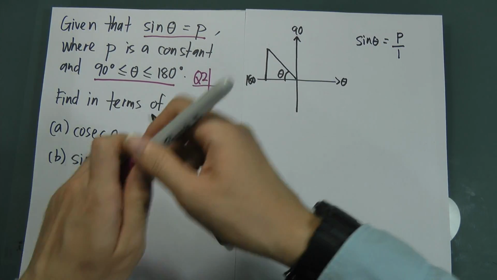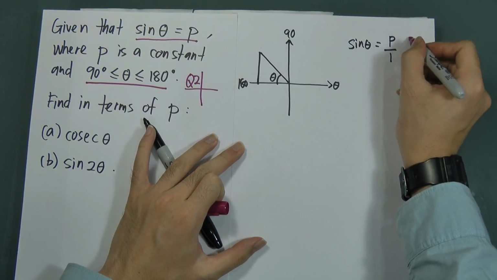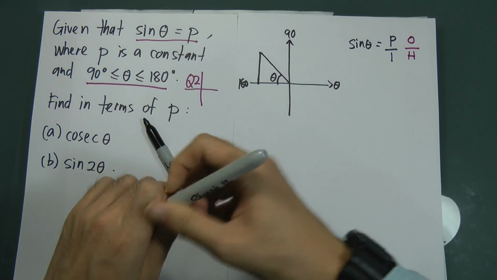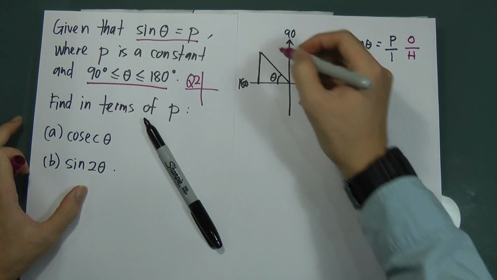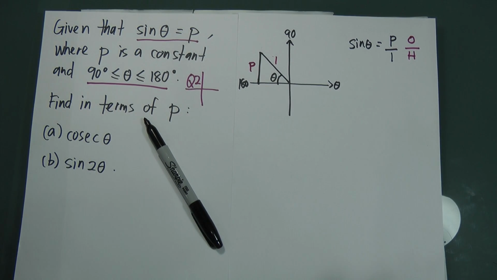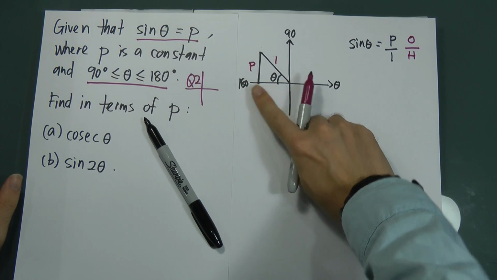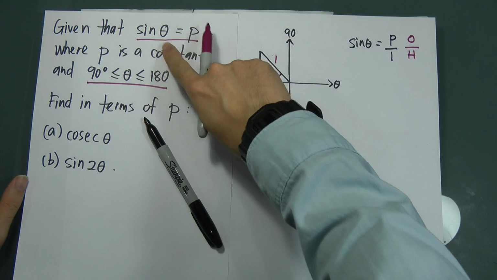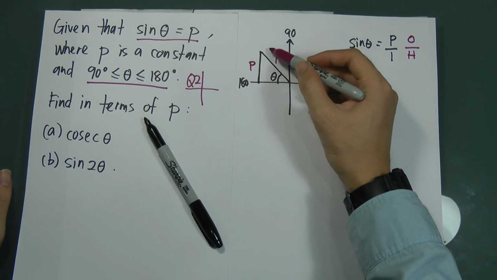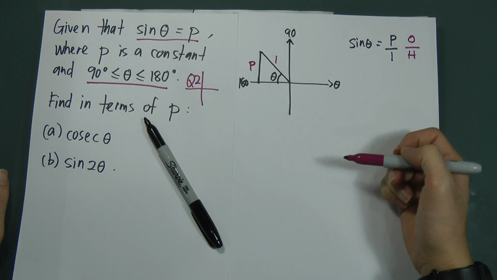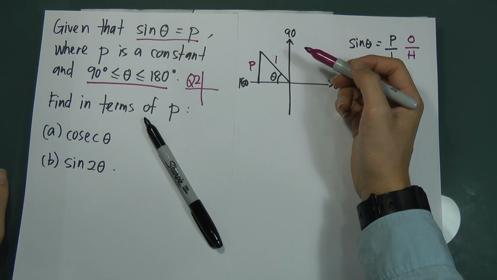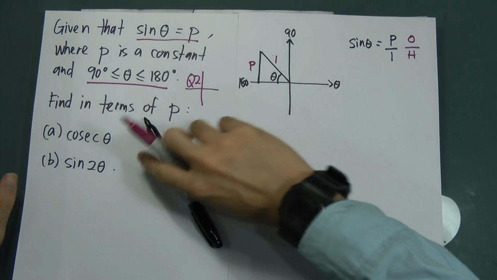Since sine angle is opposite over hypotenuse, from here I know the hypotenuse is 1 and the opposite is P. This is the information you must get. So it's P, and here is 1.